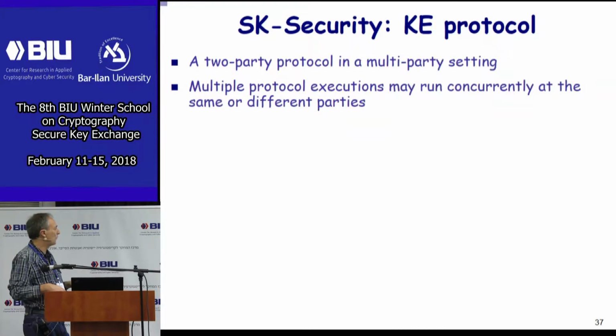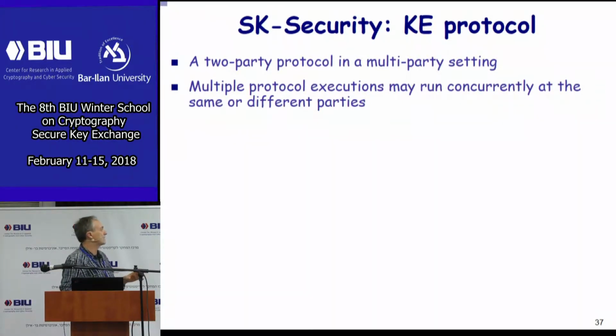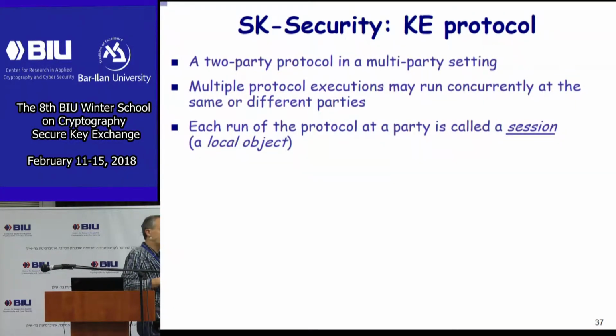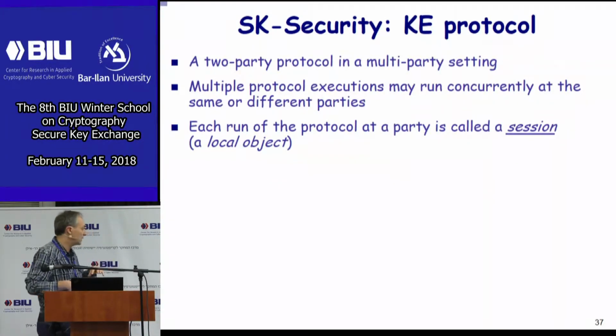Let me just go fast over the basic elements of these definitions. You have a two-party protocol in a multi-party setting. Different executions can run concurrently between the same and different parties. Each execution is called a session. Okay, so a session is an internal object, internal to a party.